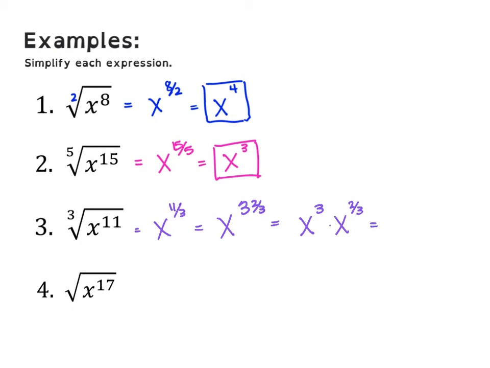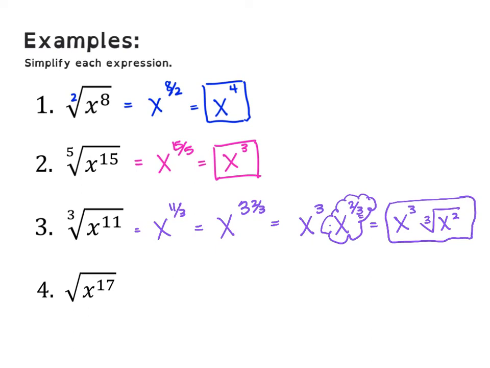And then if I rewrite the radical part, I still have the x to the 3rd that's not under a radical, but this part here, I need to write back into radical form. The denominator was 3, so that's my index, and then I still have x squared.